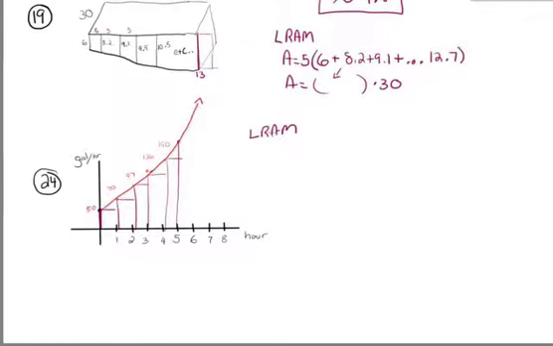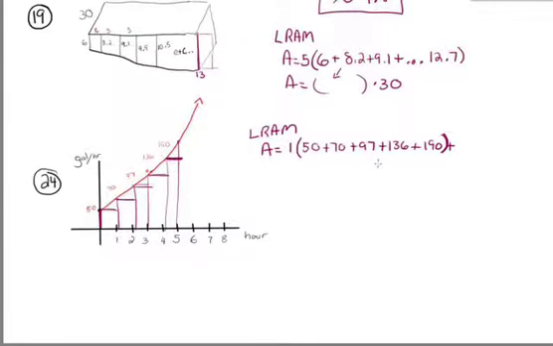So I'm just going to do LRAM here. The area under the curve is going to be 1 times 50 plus 70 plus 97, 136 plus 190. I don't need another one, because the 190 is the height of the last rectangle.